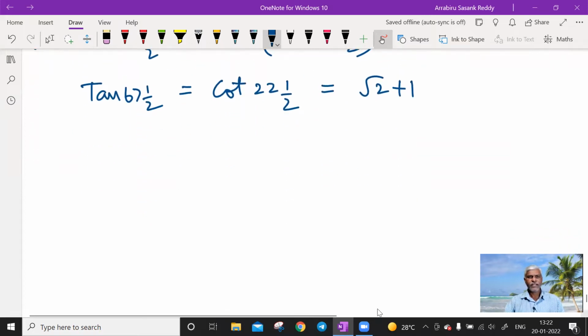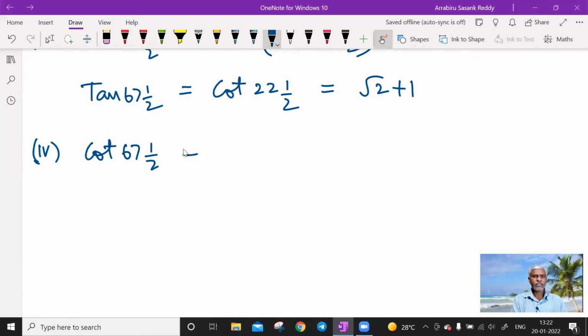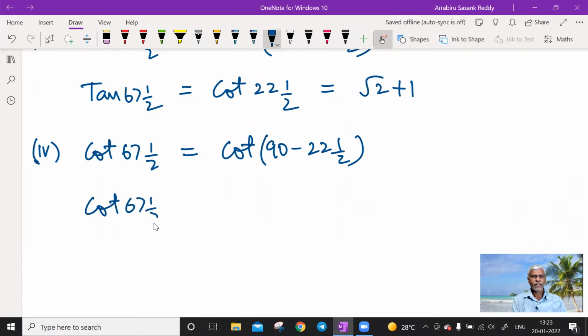So similarly, cot 67 and a half is equal to cot of 90 minus 22 and a half. Cot 90 minus theta is tan 22 and a half. So that is root 2 minus 1.